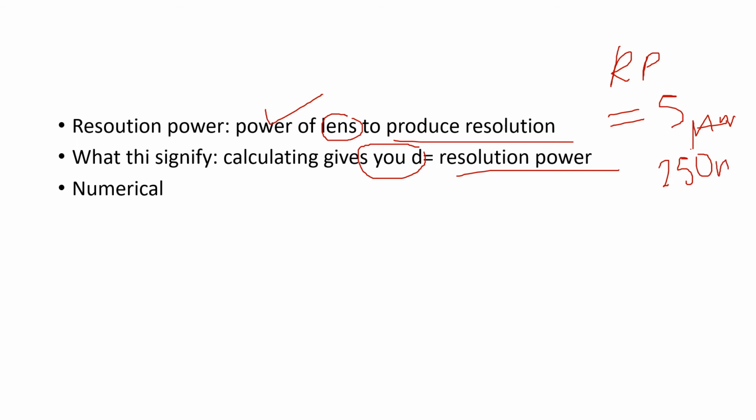Why am I using distance units? It is because I'm not calculating resolution power itself, I'm simply calculating d, the distance between two objects. And the smaller this distance, with the image still clear, the greater the resolution power.